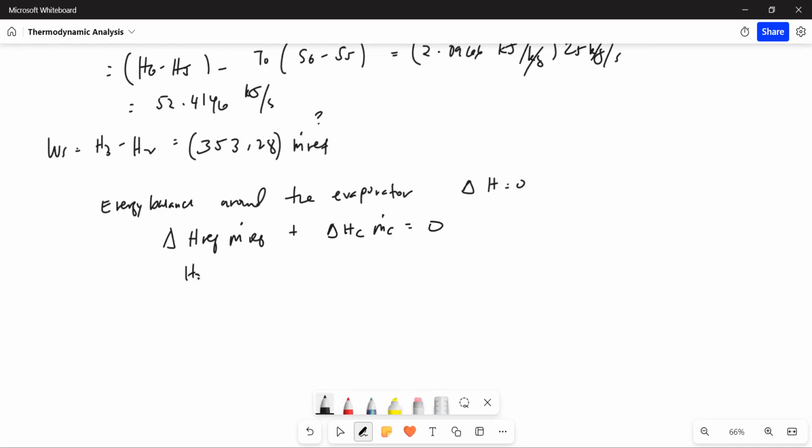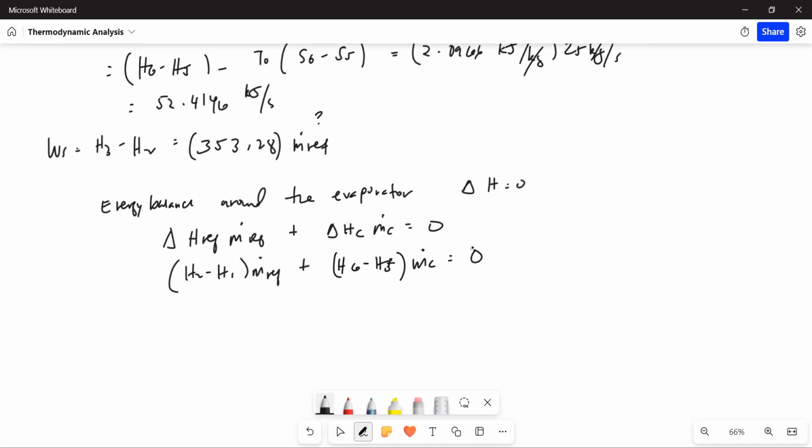Therefore, this is H2 minus H1 times the mass flow rate of the refrigerant, and this is H6 minus H5 times the mass flow rate of the chilled water.